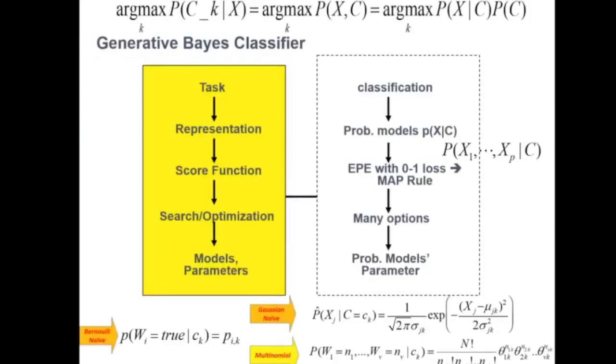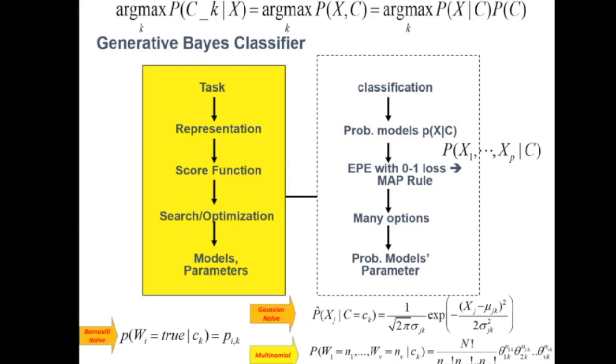Oh, sorry. All right, so this is the summary of what we are covering about generative-based classifier. So in summary, we're always using the MAP rule and to use the joint probability P(X, C) and then decompose it using the chain rule into P(X|C) times P(C), which is the prior.